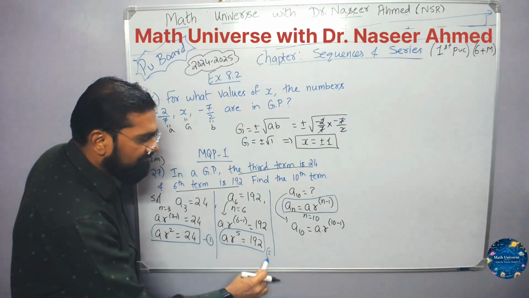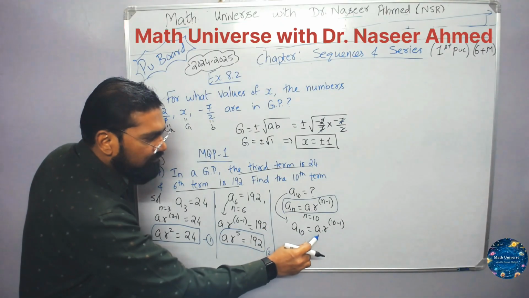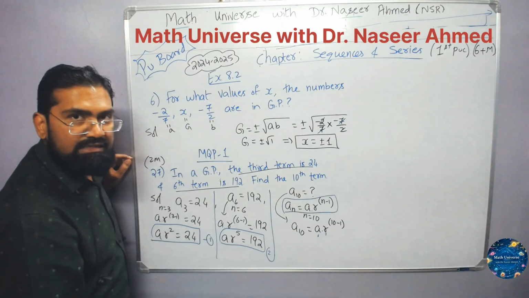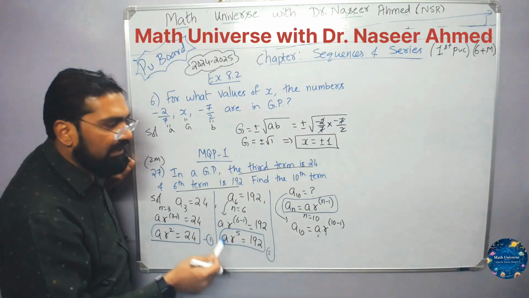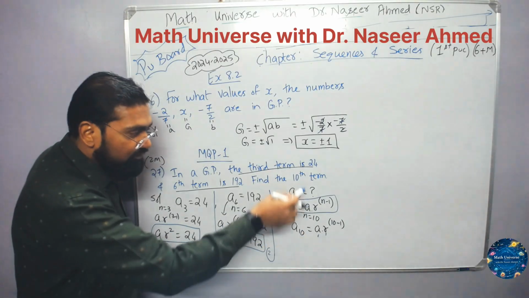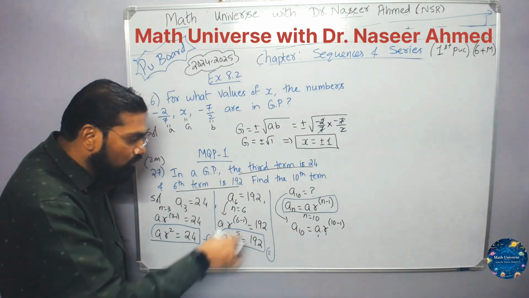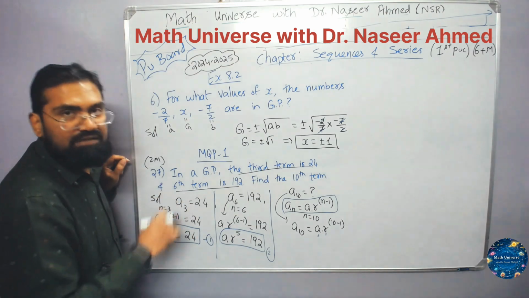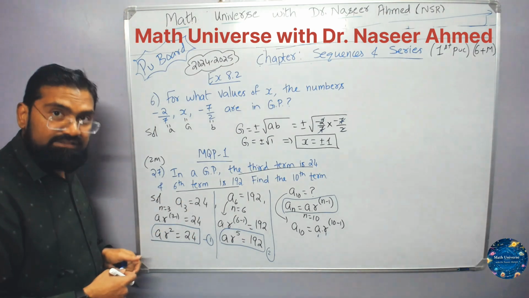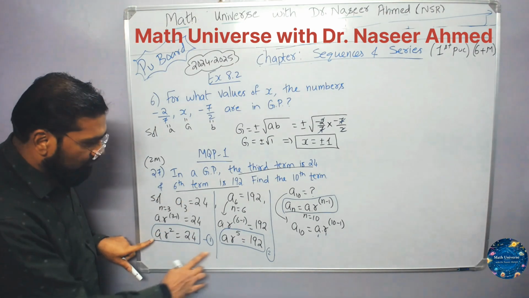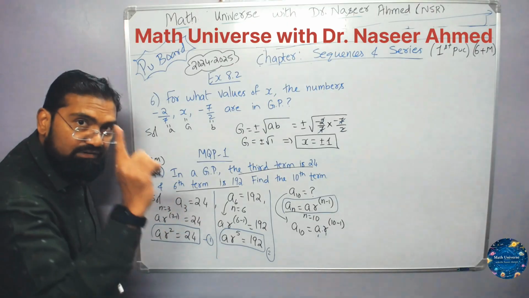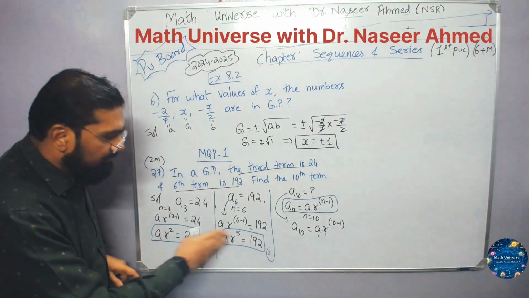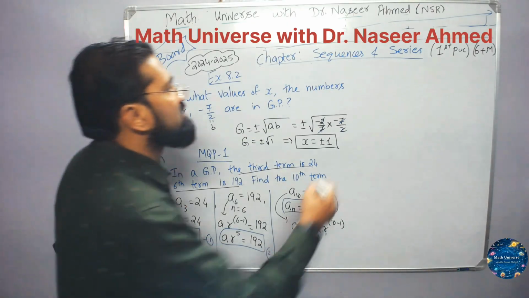See, since I first solved this and we came to know a and r are unknown, until I know the values of a and r, I cannot proceed. So when you go like this, you'll understand how to use the data and for what the data is given. Now, what's the reason to divide? If I divide, a and a will get cancelled. I'll have only one variable. So either you can divide 1 by 2 or 2 by 1, left to your choice.